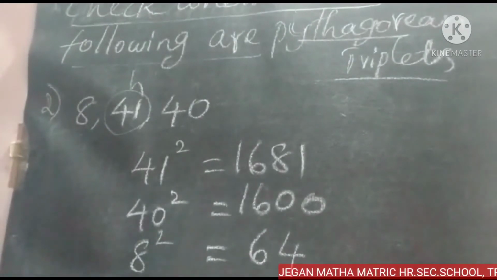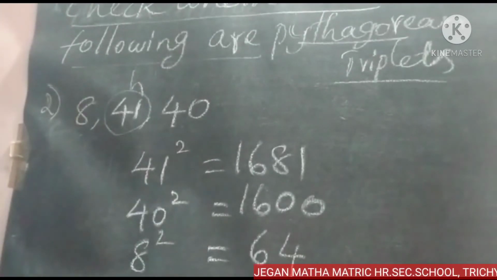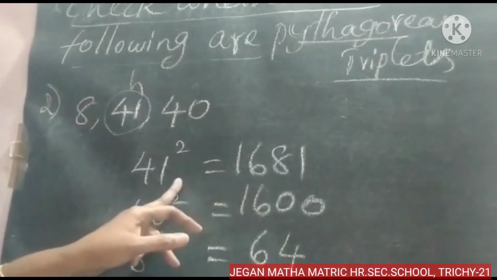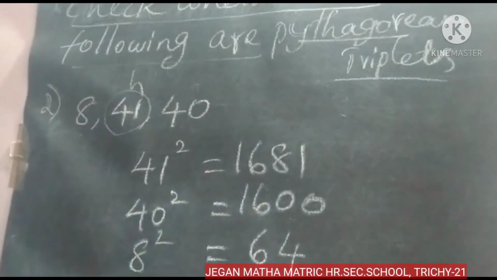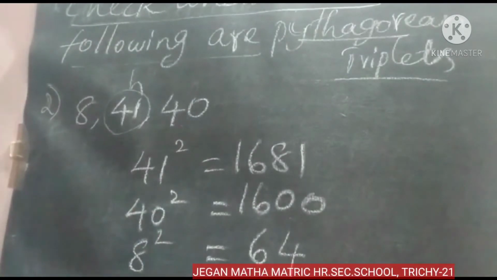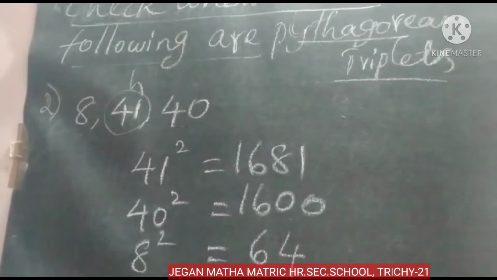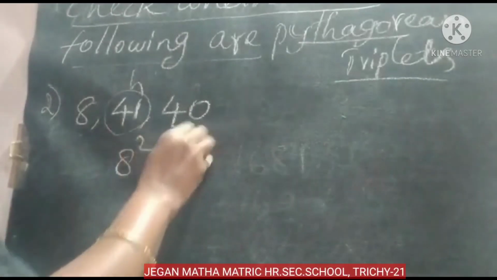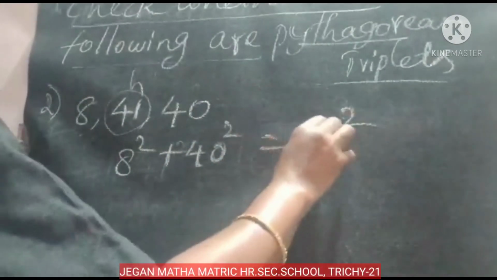So 8 square is 64, 40 square is 1600, and 41 square is 1681. Now you have to check using the Pythagoras theorem whether these are Pythagorean triplets or not. Let us see: 8 squared plus 40 squared equal to 41 squared.